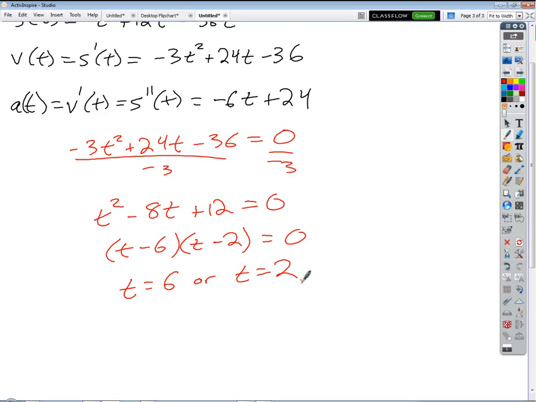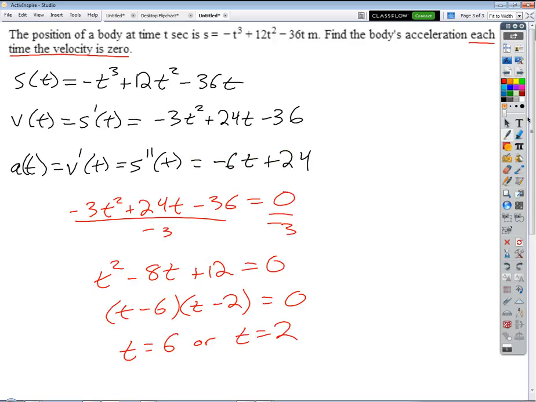Can you guys please keep it down? The question doesn't ask for those values. What the question wants to know is the acceleration each time the velocity is 0.